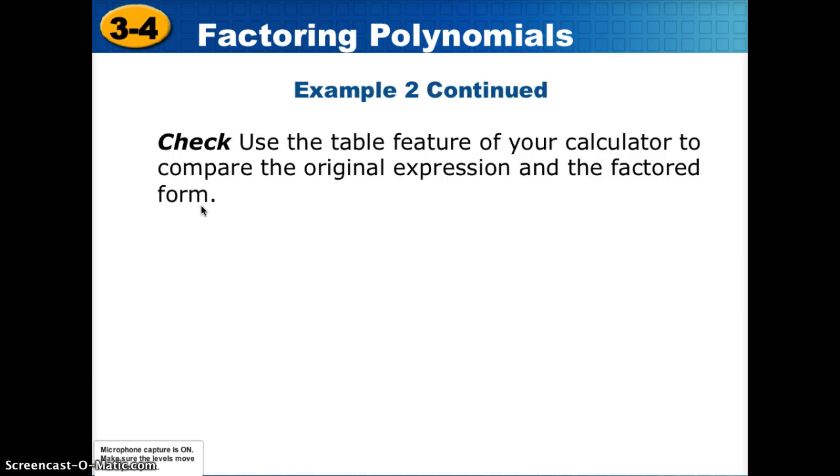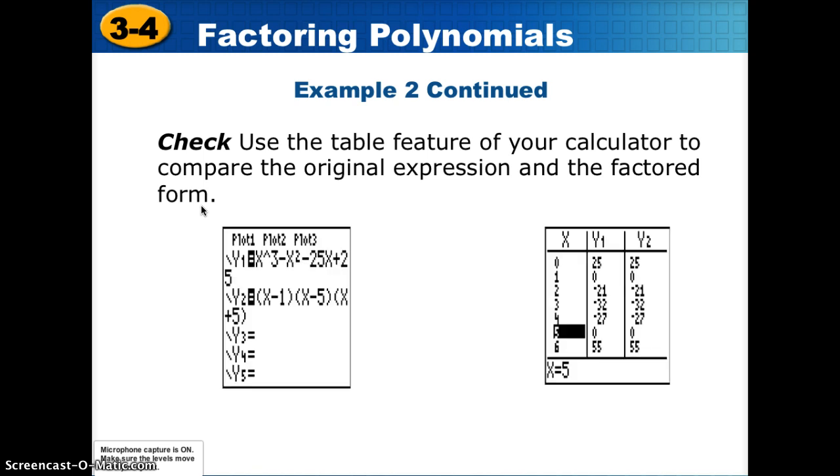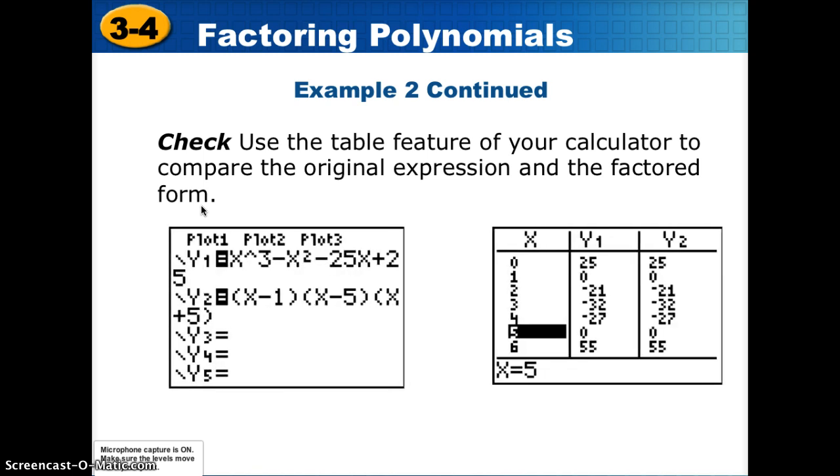We can use the table feature on the graphing calculator to determine this, and one thing that we can do is we can put in both the original form of the polynomial and the factored form of the polynomial under y1 and y2, and notice that the table looks exactly the same for every value of x. Y1 and y2 are equal to each other.